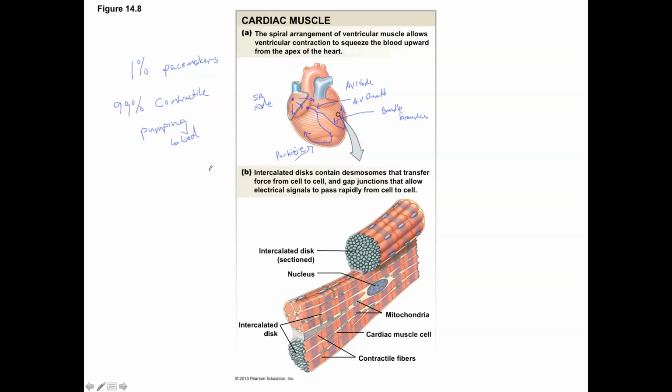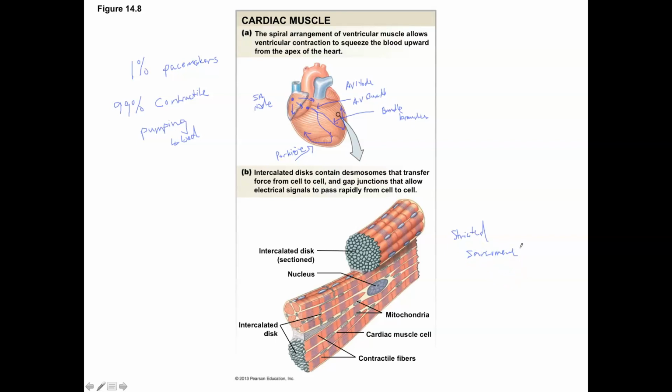When you look at cardiac muscle cells, you'll notice that they're actually very similar to skeletal muscle. So it has a striated appearance. That striated appearance comes from the fact that you have sarcomere structures.